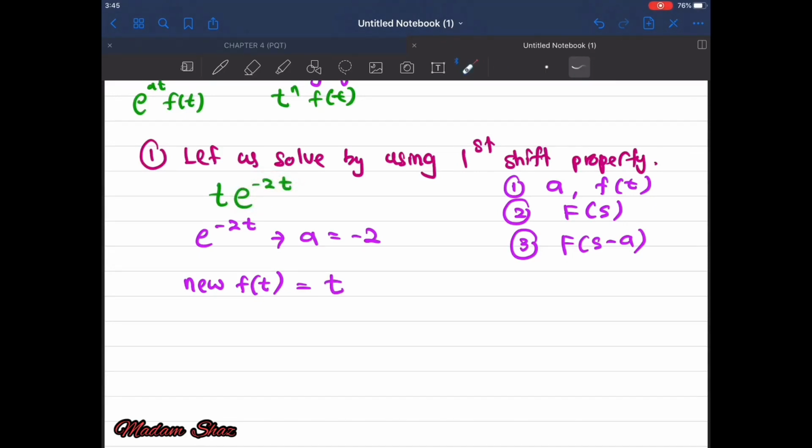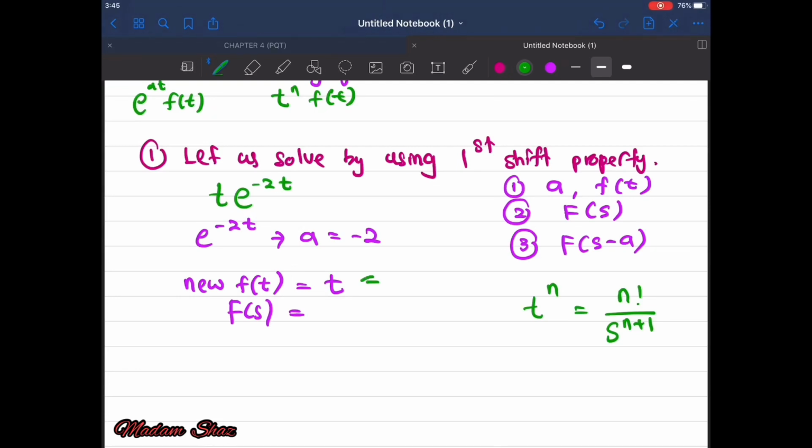From our new f(t), we proceed to the second step. We want to find the Laplace transform for the new f(t), to obtain F(s). So F(s) is the Laplace transform of t. Refer to the table: t to the power of n becomes n factorial over s^(n+1).